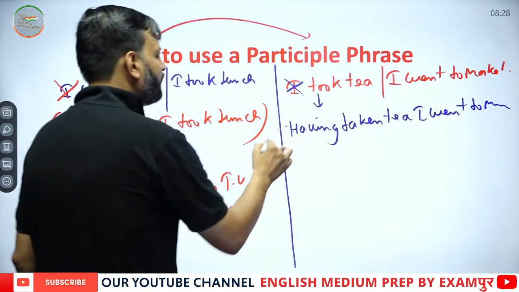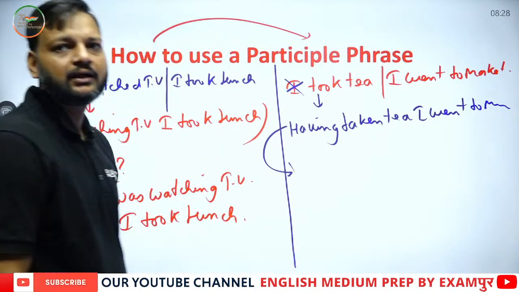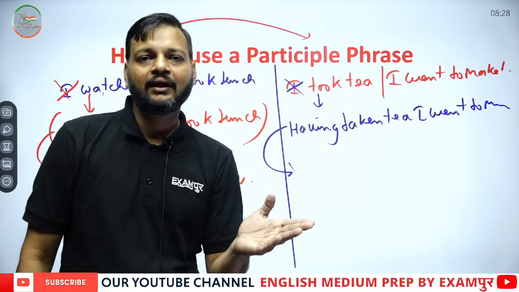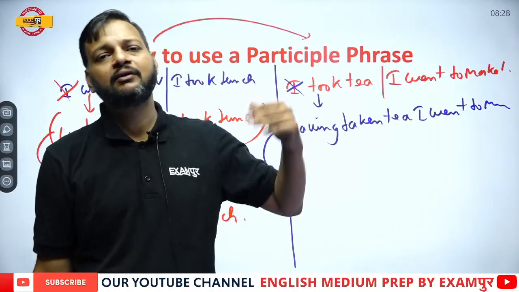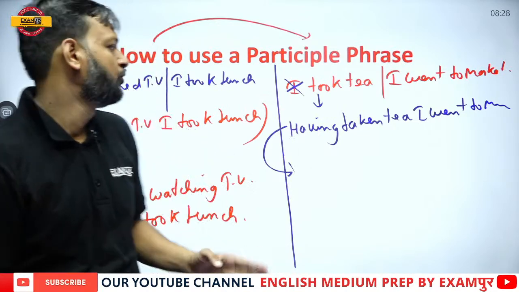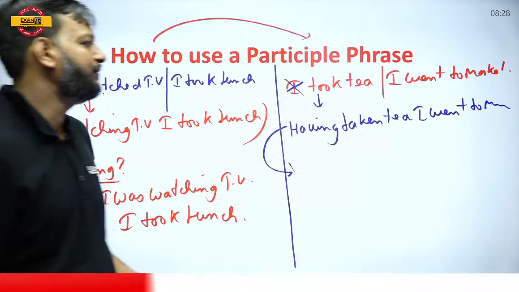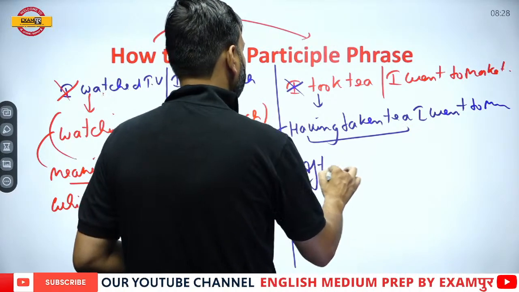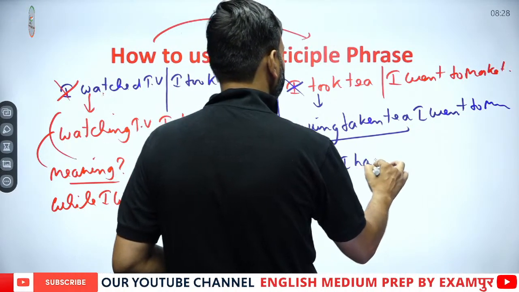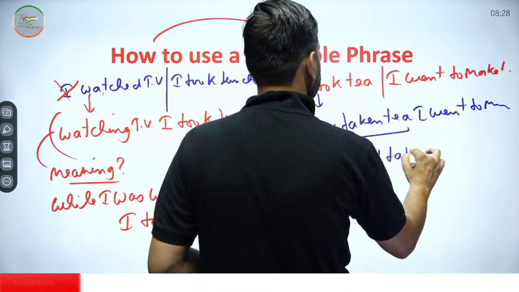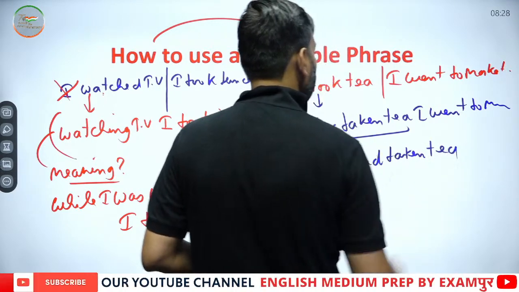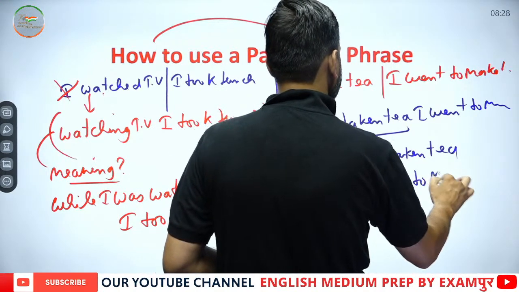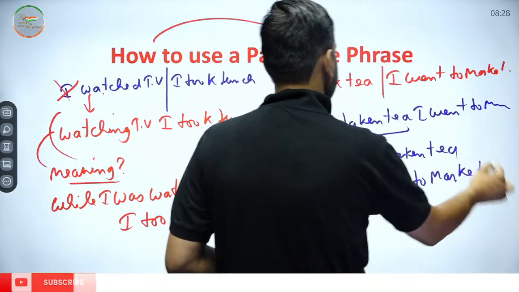Now what is the meaning of this sentence? Having taken tea. The use of this participle denotes that an action is happening after another action has completed. So having taken tea means that after I had taken tea, I went to market.